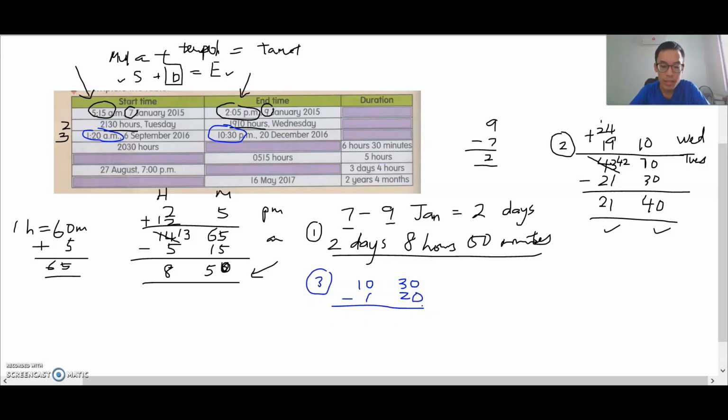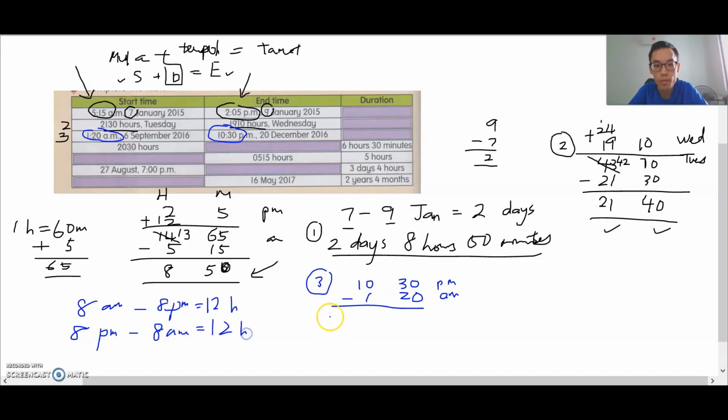Because 10:30 is PM, right, and 1:20 is AM. So remember, I told you before, AM to PM, let's say 8 AM to 8 PM, the duration is 12 hours. Or PM to AM, 8 PM to 8 AM, the duration is also 12 hours.